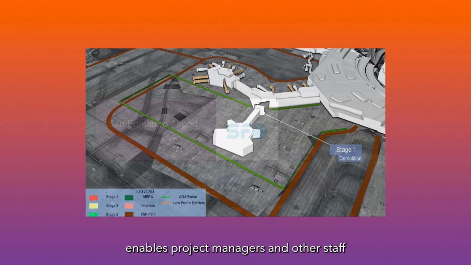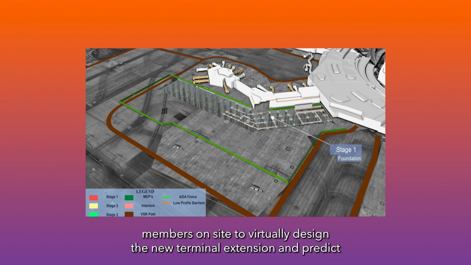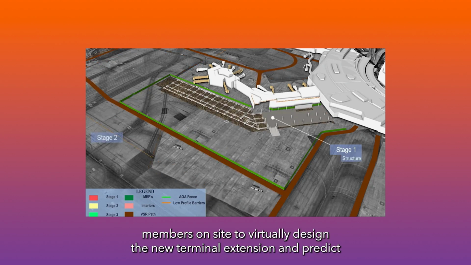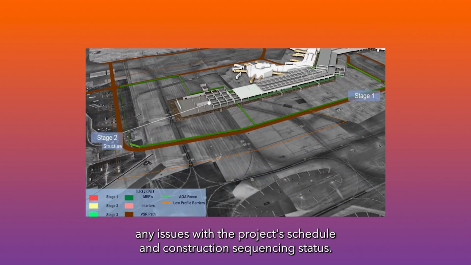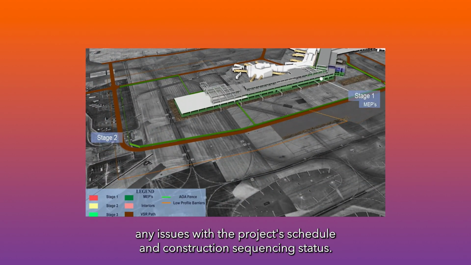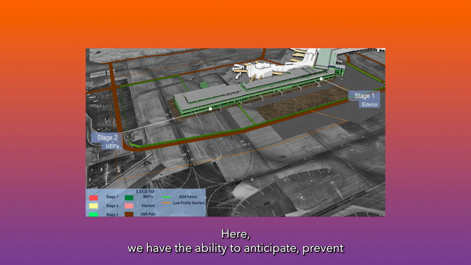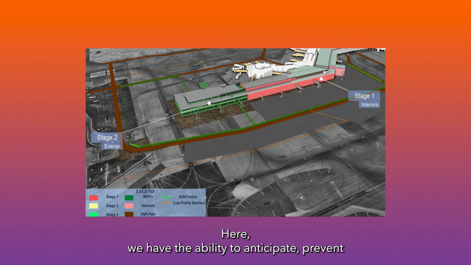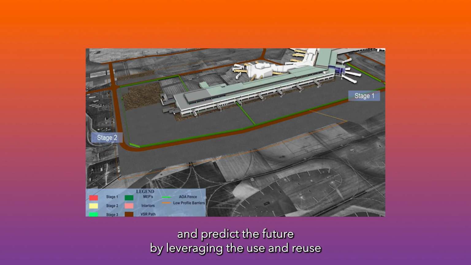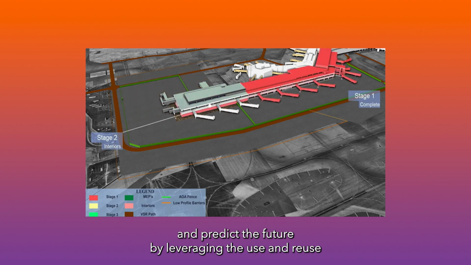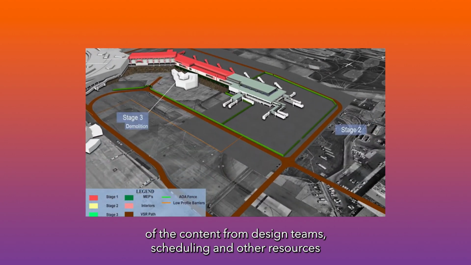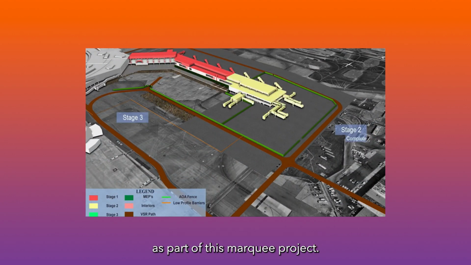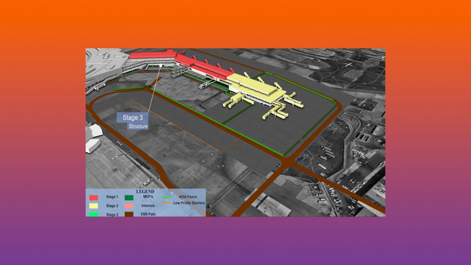SFO's predictive twin enables project managers and other staff members on site to virtually design the new terminal extension and predict any issues with the project schedule and construction sequencing status. Here we have the ability to anticipate, prevent, and predict the future by leveraging the use and reuse of the content from design teams, scheduling, and other resources as part of this marquee project.